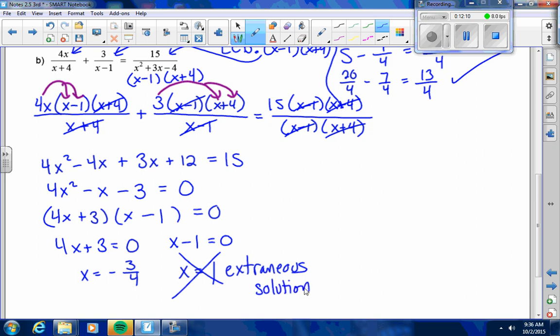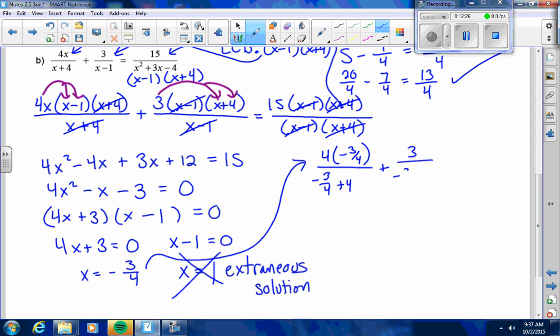Okay, so now let's try the negative 3/4. Checking negative 3/4. We're going to have 4 times negative 3/4 divided by negative 3/4 plus 4 plus 3 divided by negative 3/4 minus 1 equals 15 over negative 3/4 squared plus 3 times negative 3/4 minus 4.